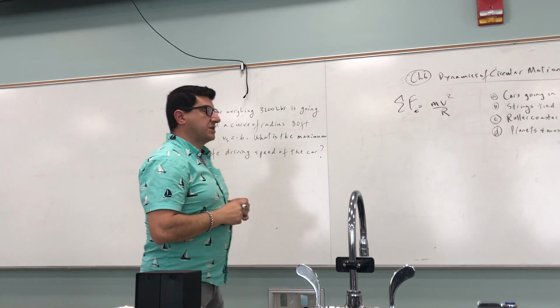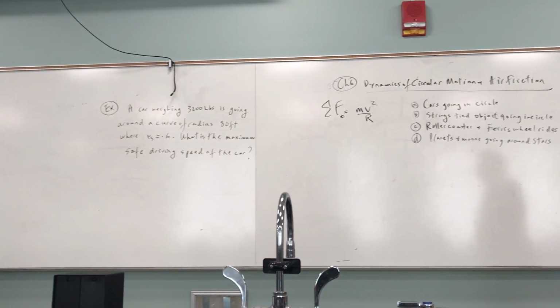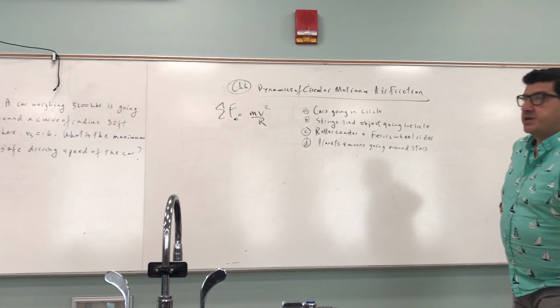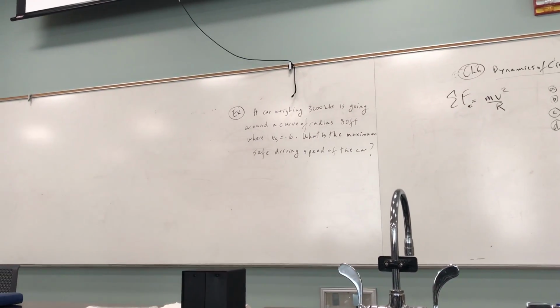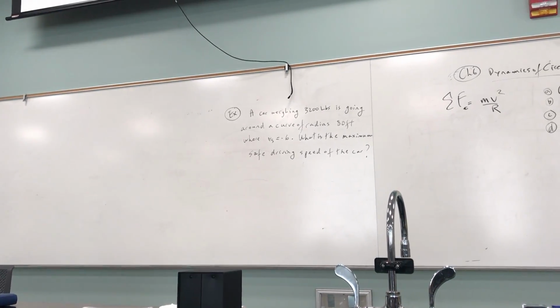A car weighing 3,200 pounds is going around a curve of radius 80 feet where the coefficient of static friction is 0.6. What is the maximum safe driving speed of the car?